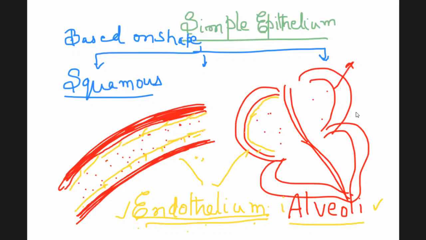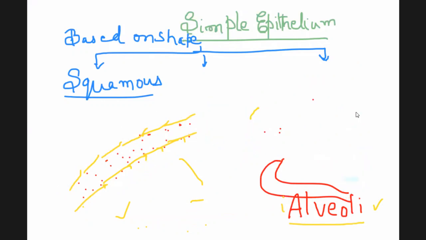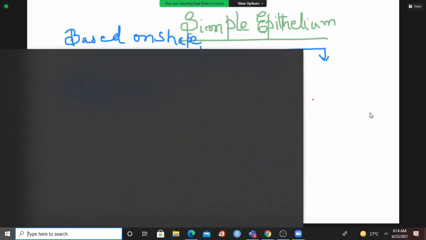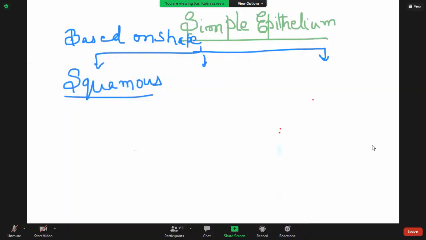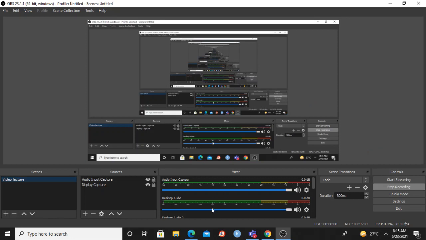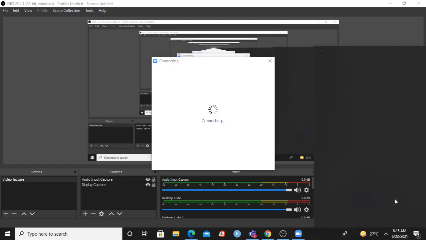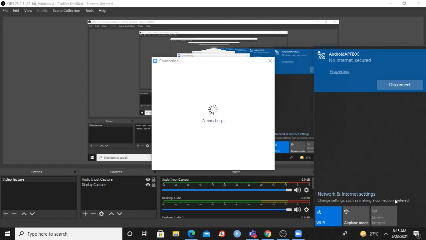If you take capillaries, the capillaries have squamous epithelium.